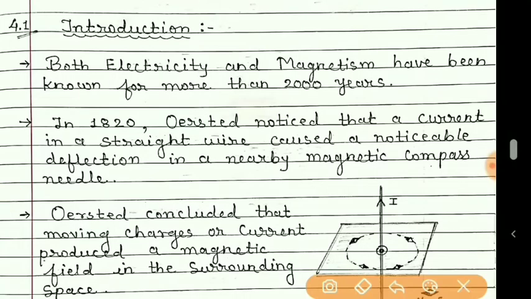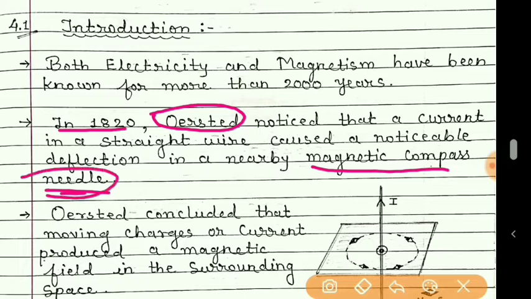Now in 1820, a scientist named Oersted found that the needle placed in a magnetic compass, that is a magnetic needle, gets deflected when it is brought near a current carrying wire.